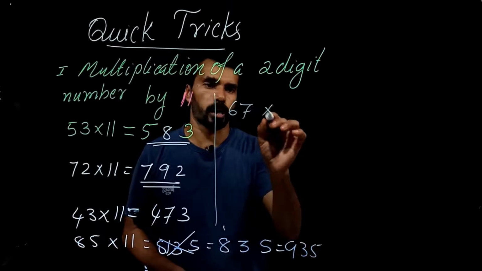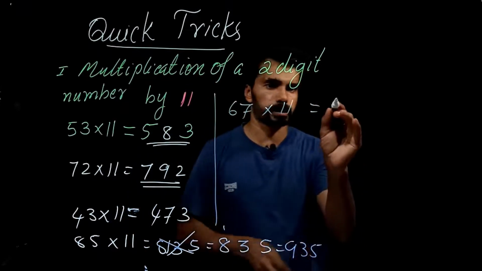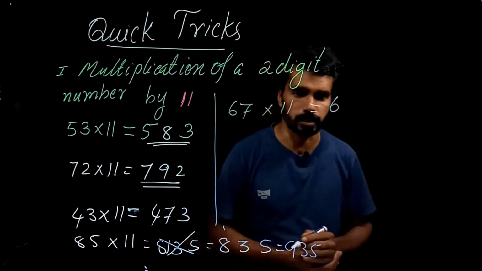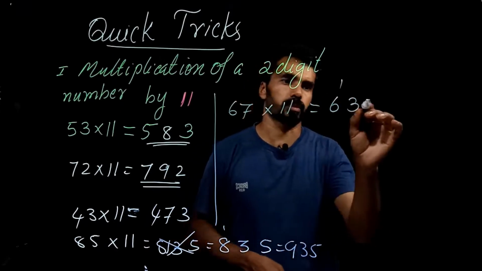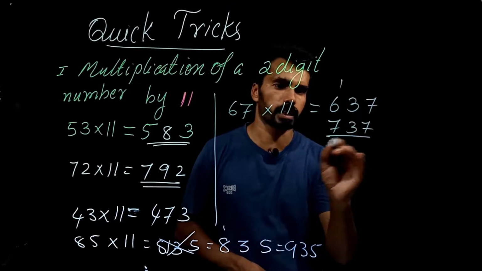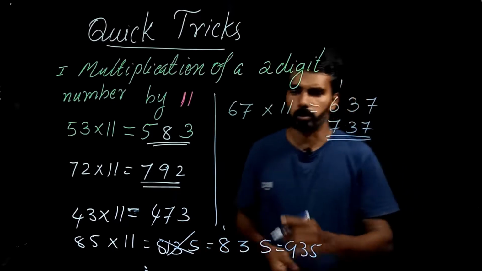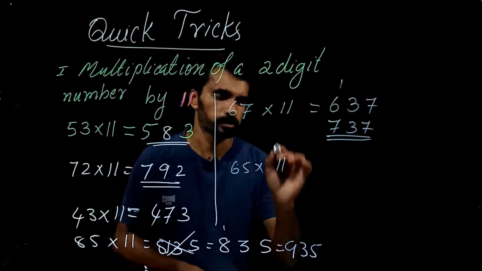Let us check some more examples. 67 into 11. Answer: 6, then 6 plus 7 is 13, so 3 in the middle and 1 carried, then 7. That is 737. What about 65 into 11?